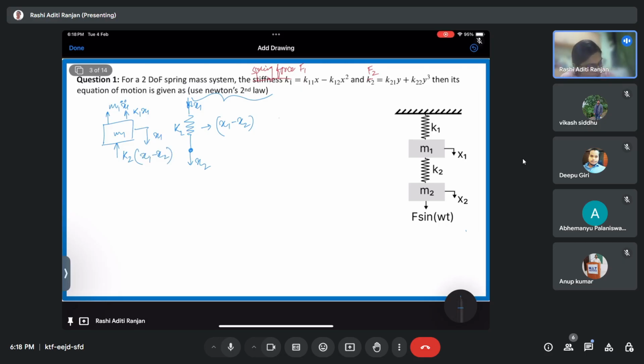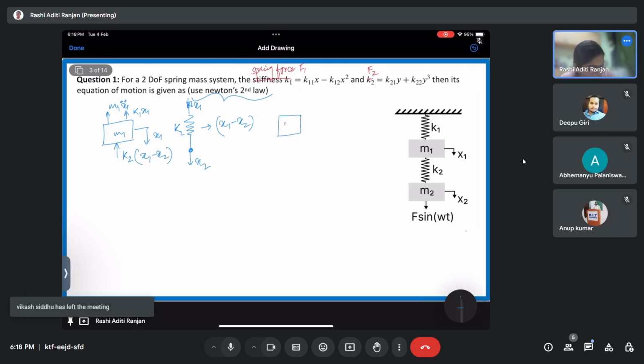Now if I come to mass m2, for this mass I have x2, okay? Then I have again the spring force, like this, if I consider, it will be K2 x1 minus x2, and I have inertia force which is m2 x2 double dot.